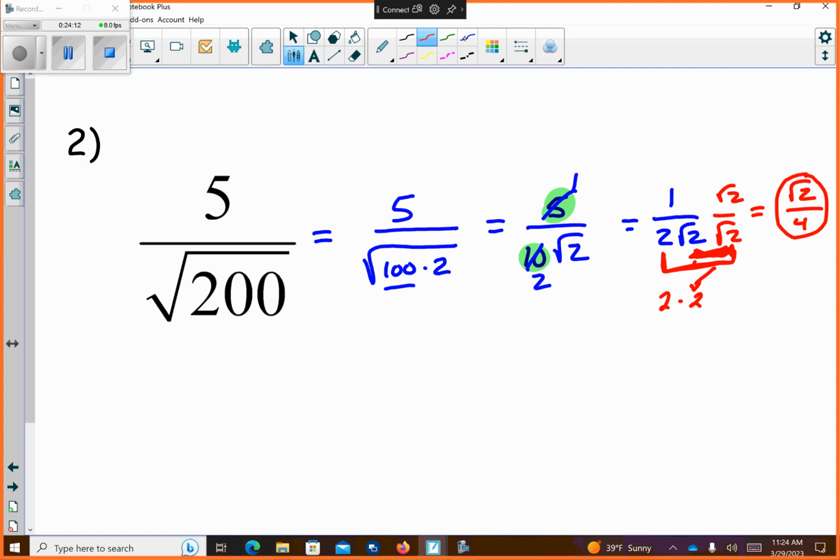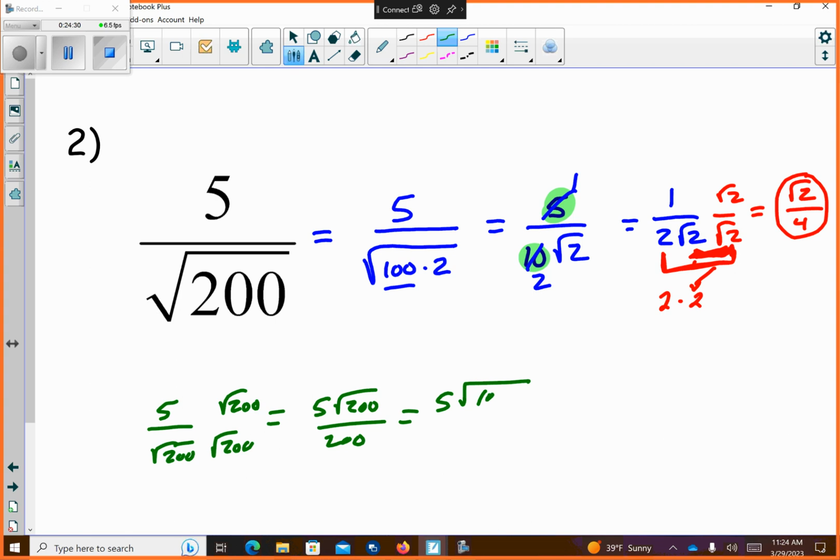But there's other ways you could do this problem, and you don't have to write it this way as well. I could have done this problem this way. Oops, 100. 50.